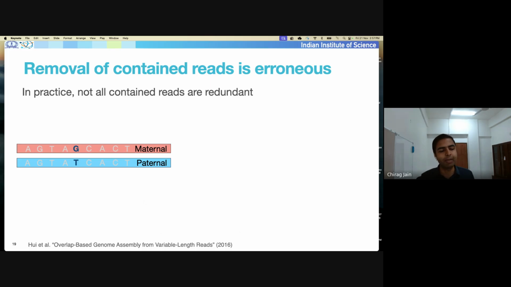To show this counterexample, let me draw a toy example in which I have two copies of the chromosome, one maternal copy from the mother and the other a paternal copy from the father.